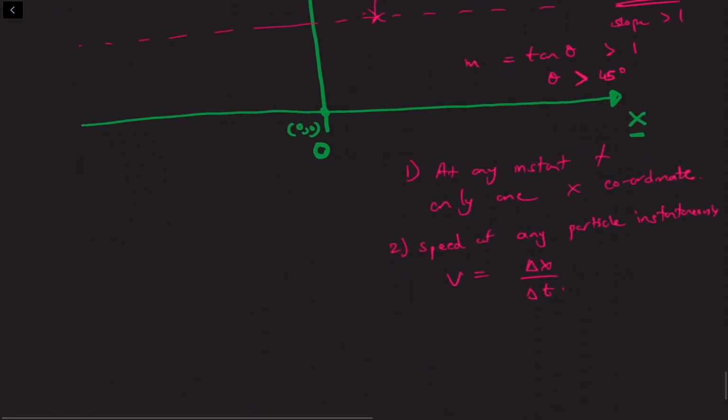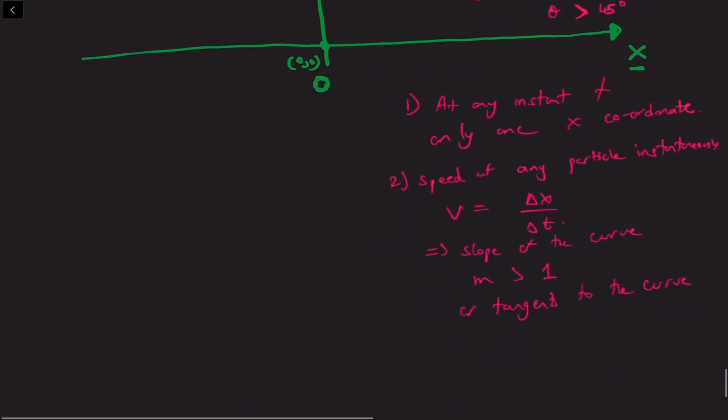So this implies that the slope of the curve m is greater than 1, or tangents to the curve are always at angles greater than 45 degrees.